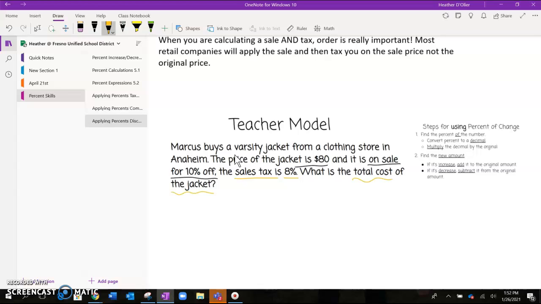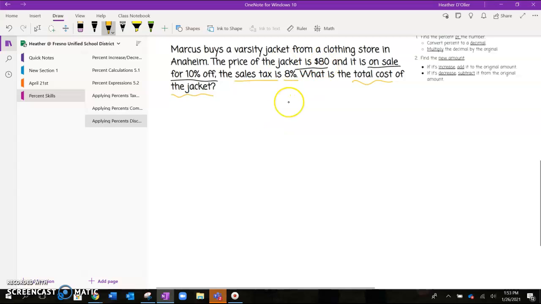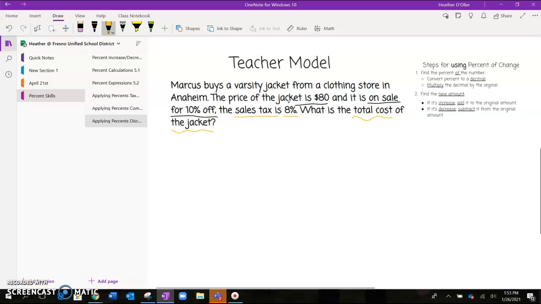All right, so I have sale and I have tax. These are two different things, and they apply differently. So I'm actually going to split this up a little bit. I may have to scroll back up to look at that important note. Whoa, it got crazy, sorry. All right.